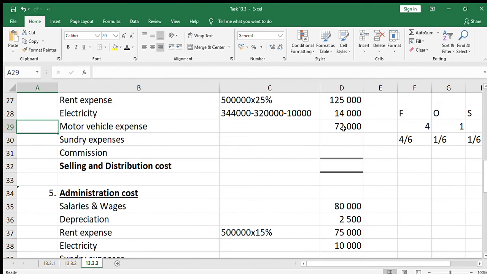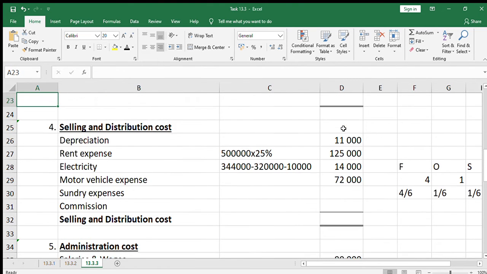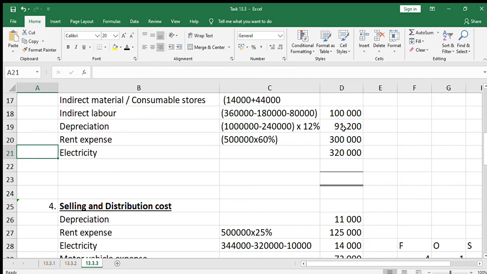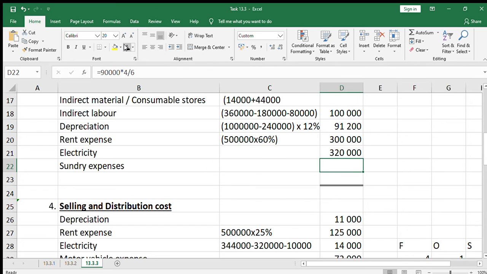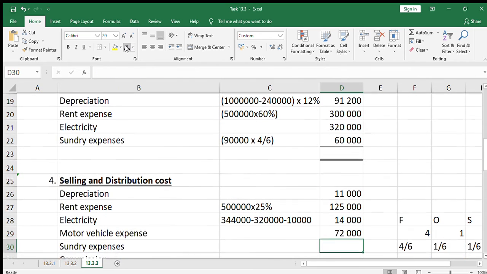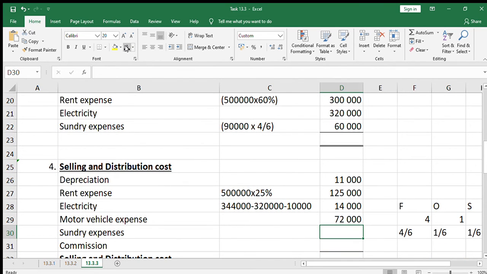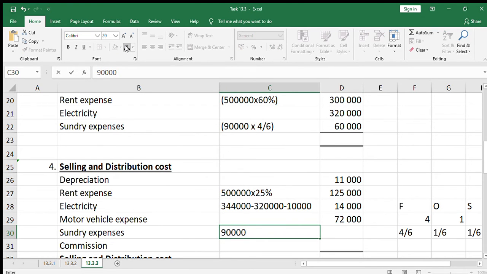This is sundry expenses. I'm going to go to the factory overhead first, and I'm going to open up sundry expenses here. Then my calculations will be 90,000 times 4/6, and that will give you an answer of 60,000. Then we'll go to the selling and distribution, sundry expenses. Our calculation will now be 90,000 times 1/6.